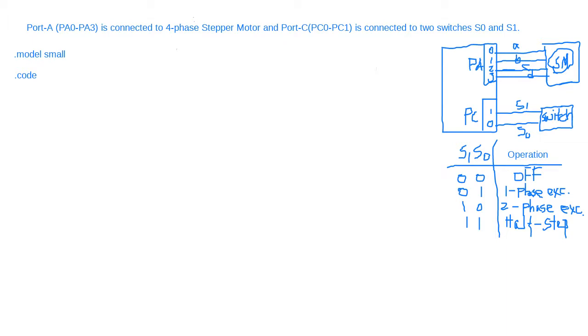For example, port A address is 00H, like lab one. Port B, 02H.